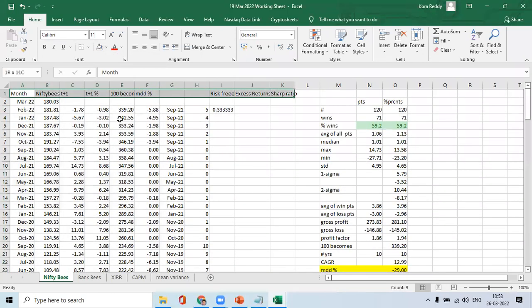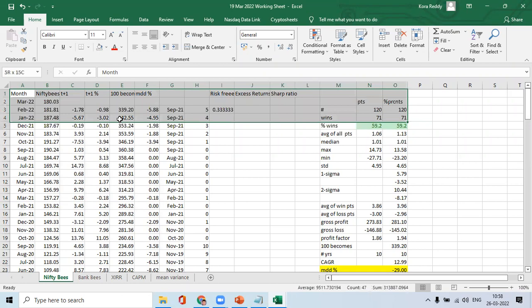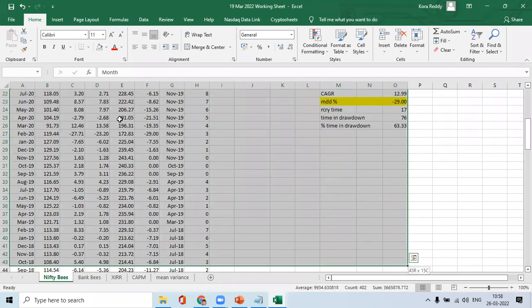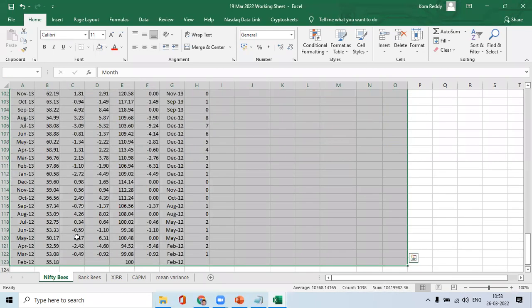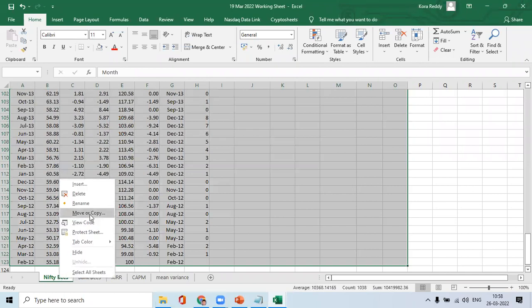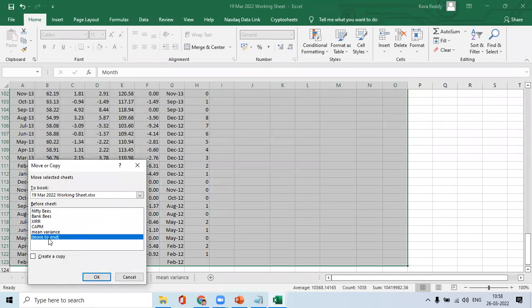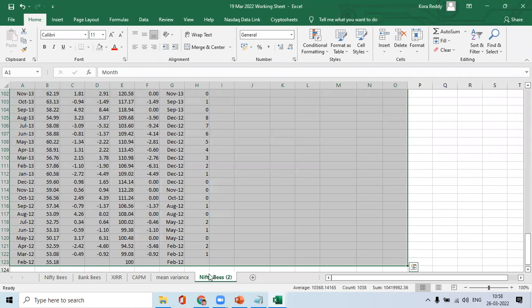Just copy all this. Copy to end. Call this as a Nifty and gold combination.